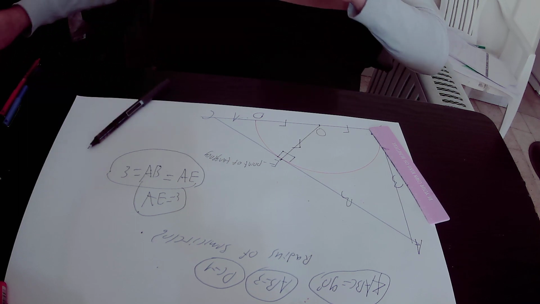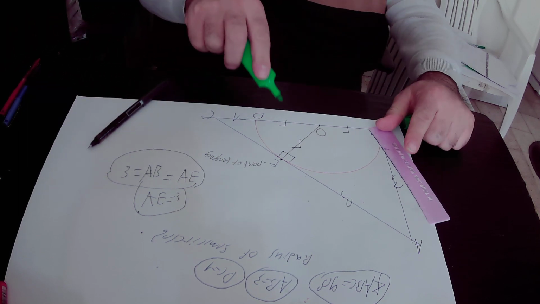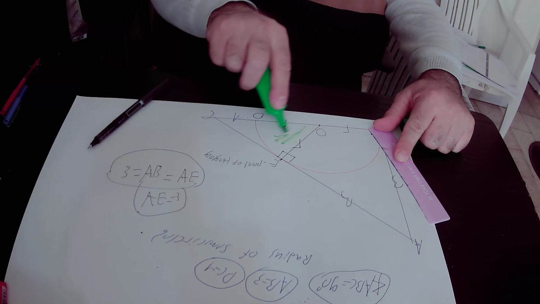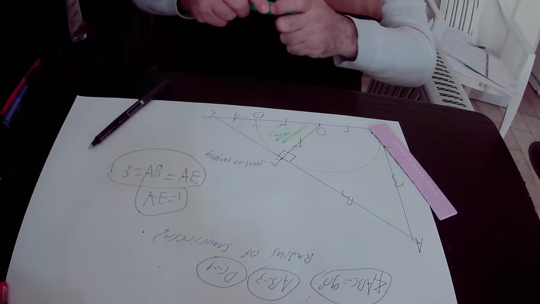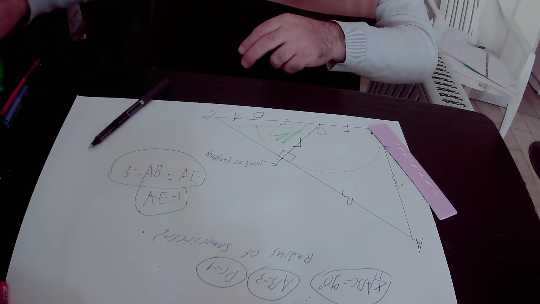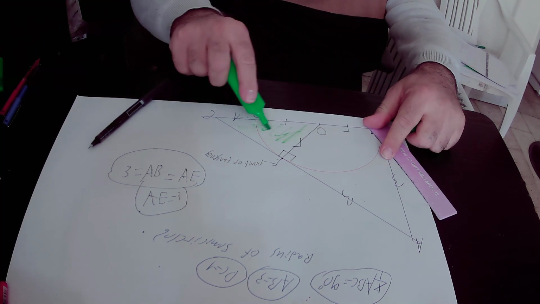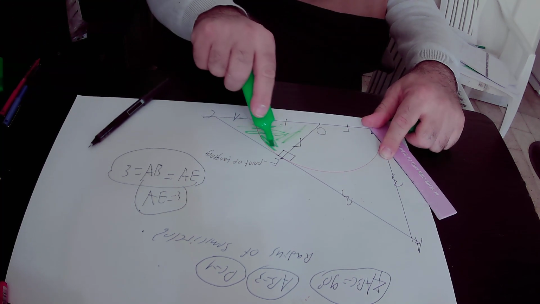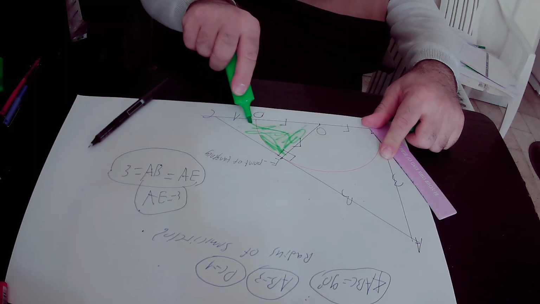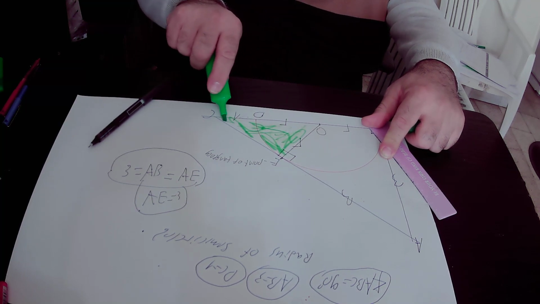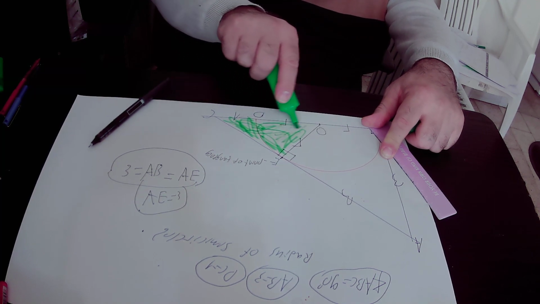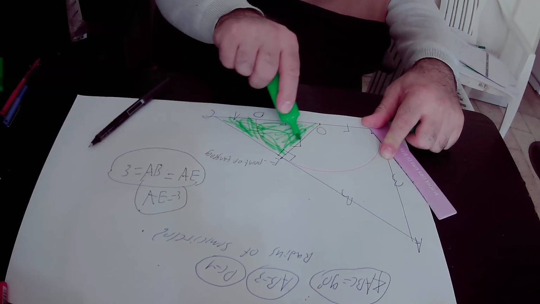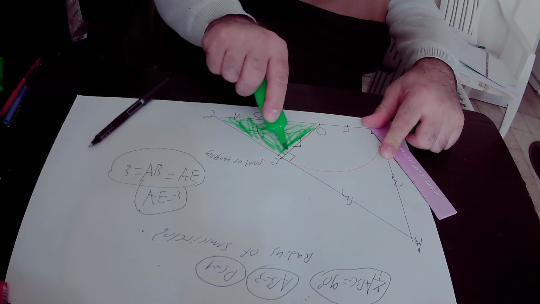So actually the green triangle is a right triangle. Triangle OEC, the green triangle, is a right triangle. So we will focus on the right green triangle, triangle OEC.